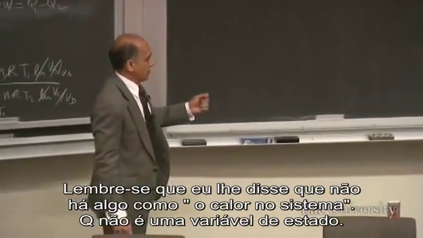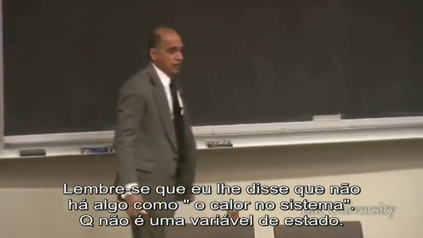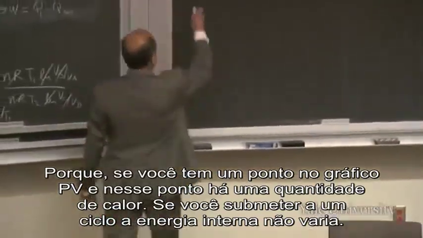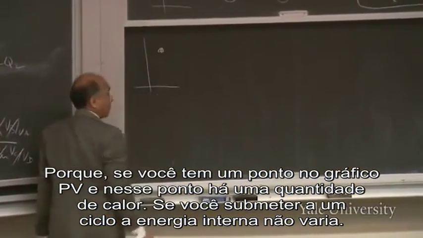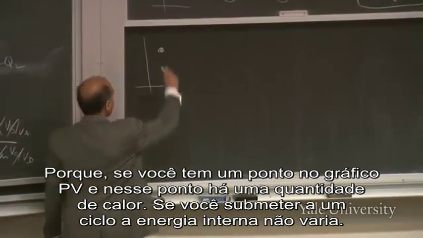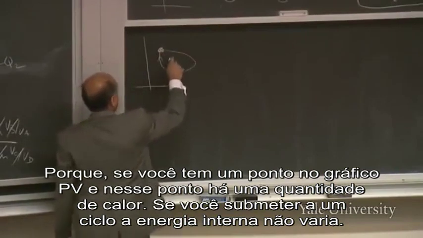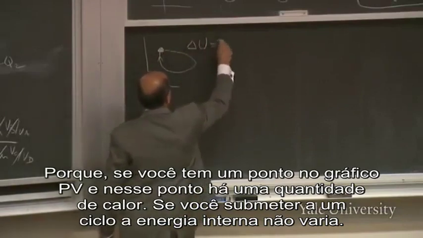Remember, I told you there is nothing called the heat in a system. You cannot look at a gas and say that's the amount of heat in the system. Why? Because if you take a point there and say there is some amount of heat in the system, and you go through some kind of cycle and come back to the same point, then since you come back to the same point, internal energy doesn't change.